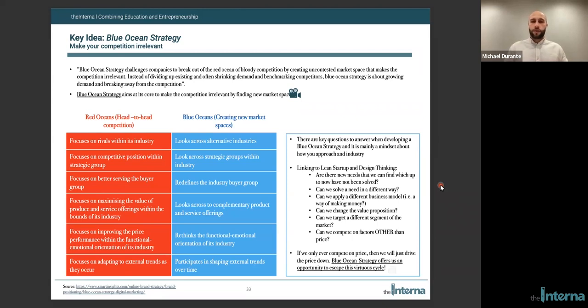Let's take an example they talk about in the actual book itself, Blue Ocean Strategy. They talk about Cirque du Soleil. Cirque du Soleil, for those who don't know, is an amazing theatrical production, which includes gymnasts and has a whole array of things going on throughout the show.